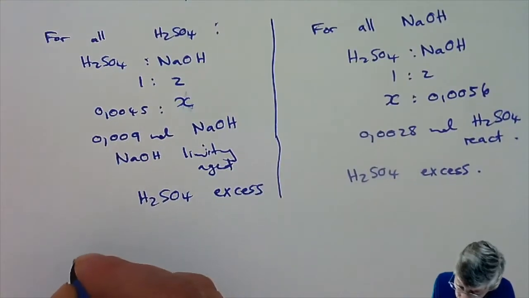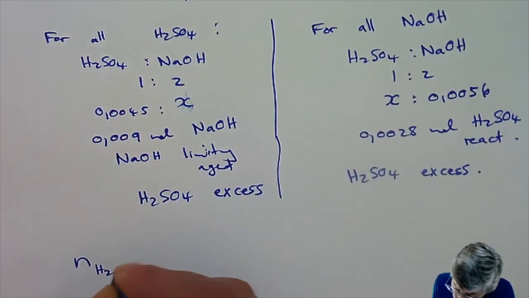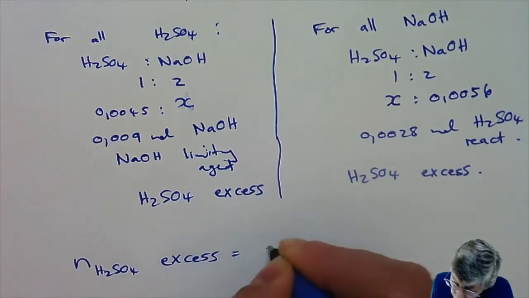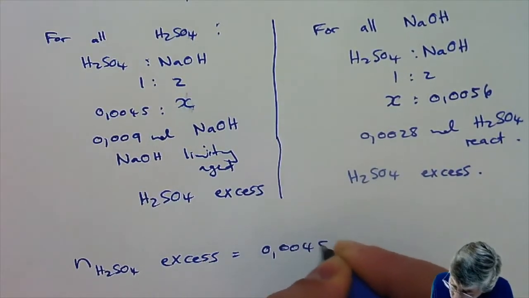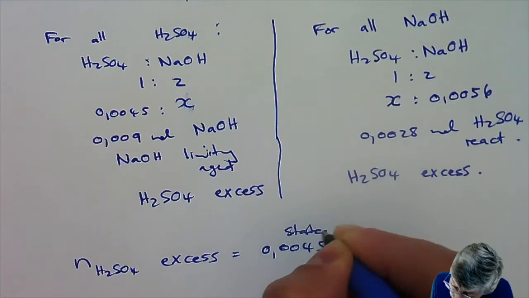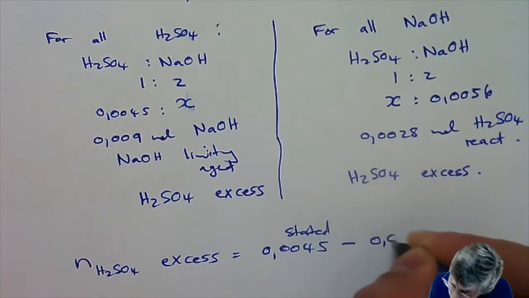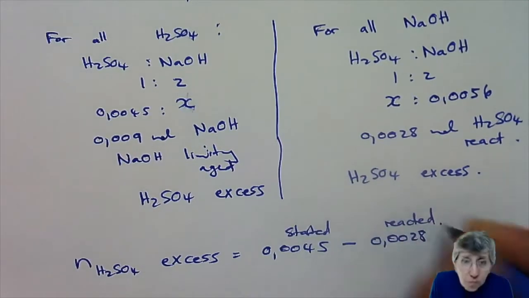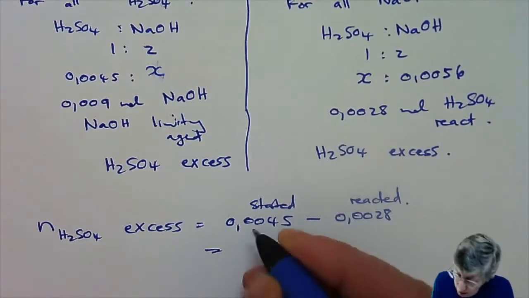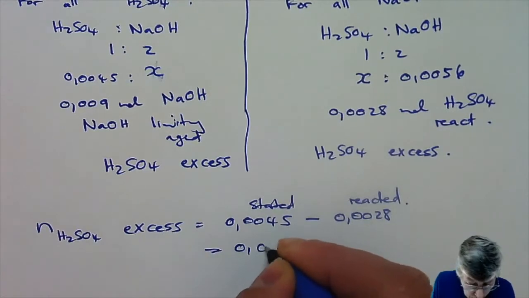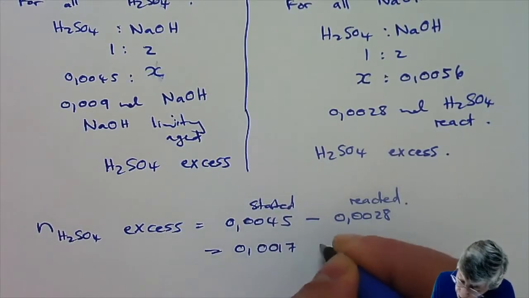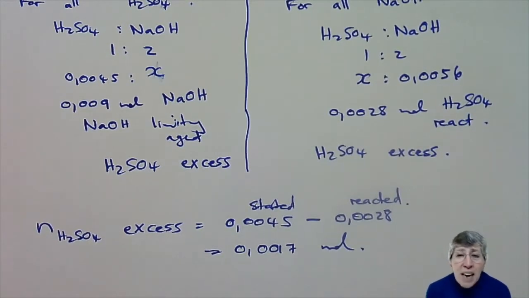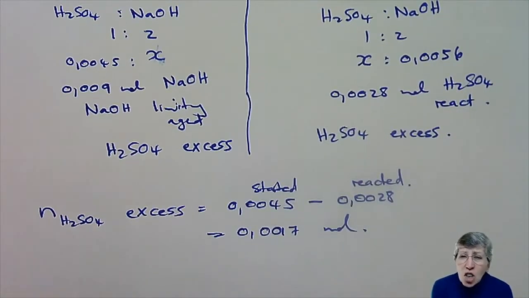So now I will know the moles of H2SO4 that are in excess will be 0,0045 that I started with minus 0,0028 that reacted. And that gives me 0,0017 moles. Right. But to get to pH, I obviously need concentration, right?